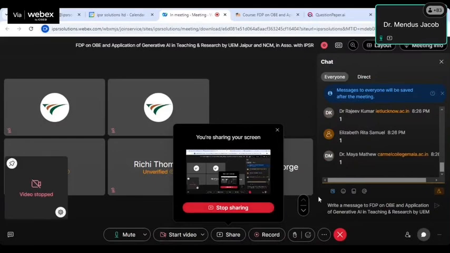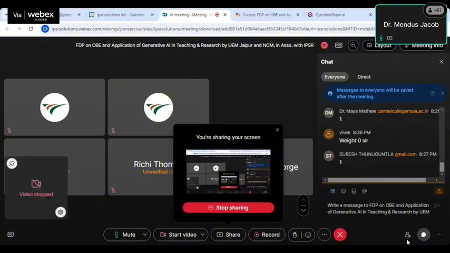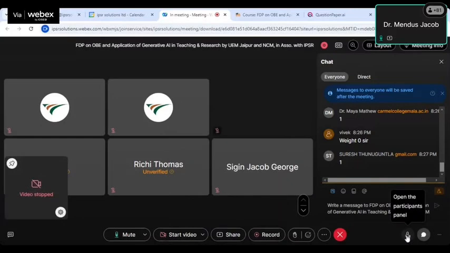1. Okay, it's correct. Weight 0 means there is no relationship at all, because this CO is anyway related to Bloom's taxonomy. It's an apply level CO. And our question is also related to Bloom's taxonomy. So in that case, definitely there is some relationship.